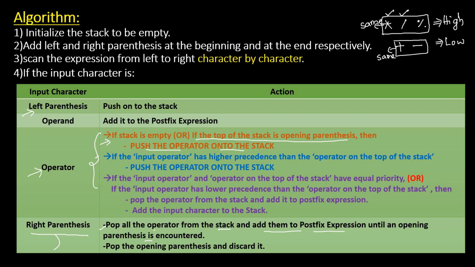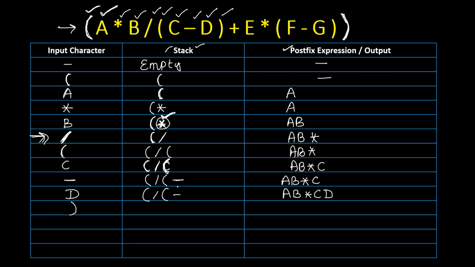So go to the example. Yeah, so this is the stack. So pop this operator, remove this operator and add it to the postfix expression. So CD, after D you will get this minus here, and you have to do this process until you get a left parenthesis.